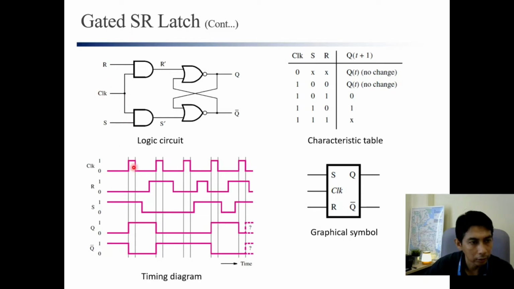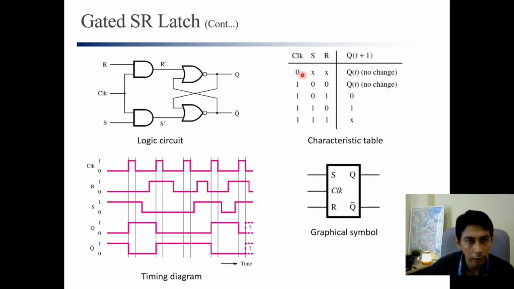When we have the clock, the output at Q now depends not only on the input, but also on the clock. And we can see that when the clock equals 0, the output here does not change, regardless of S and R. All right.